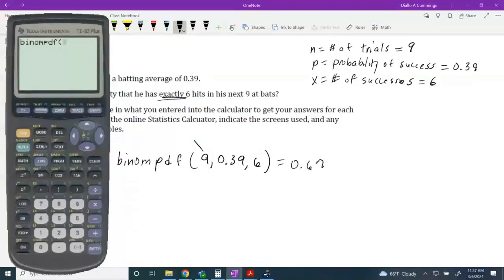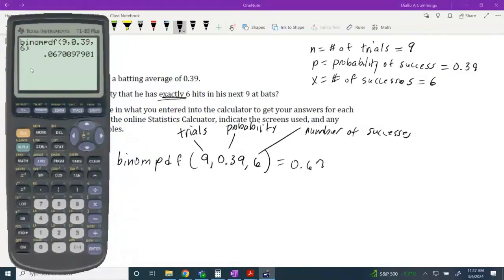So I put my numbers in separately. This would be trials, this would be the probability, and this would be the number of successes. All right, so I put in 9, comma, 0.39, comma, 6, and we get 0.67.